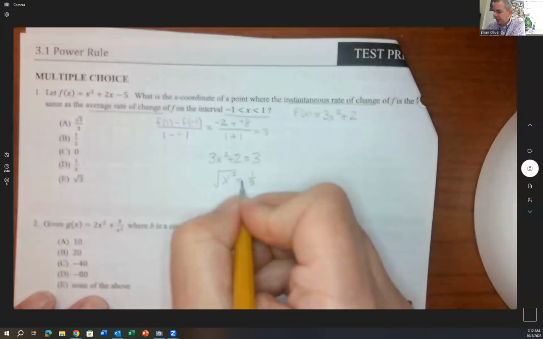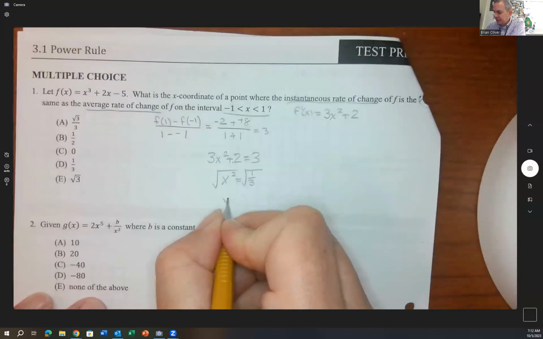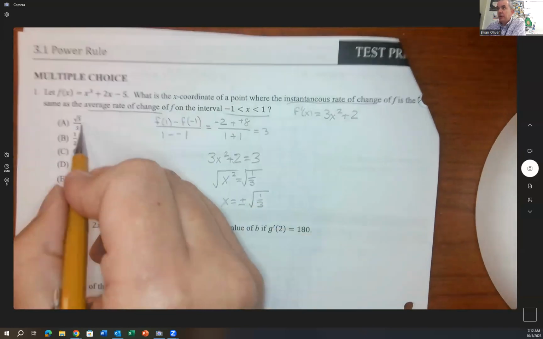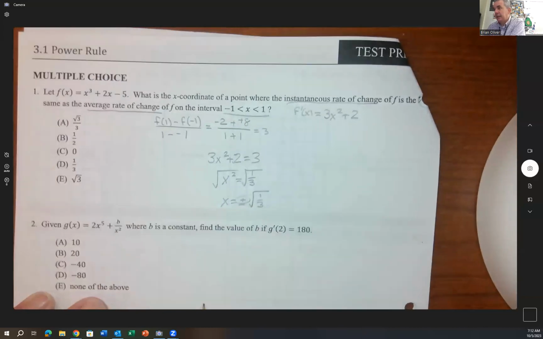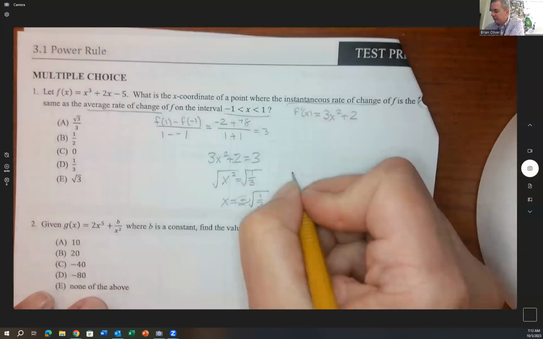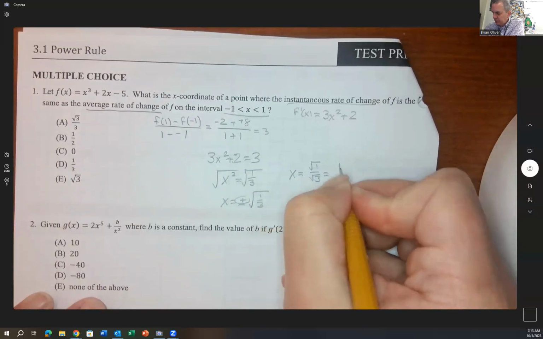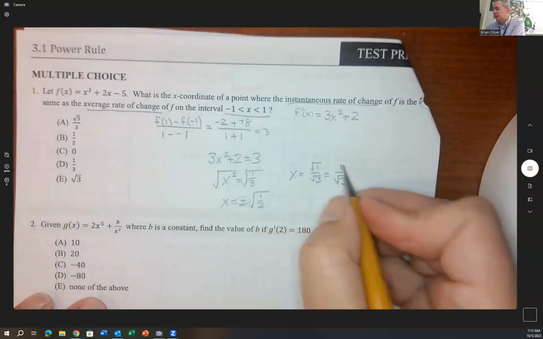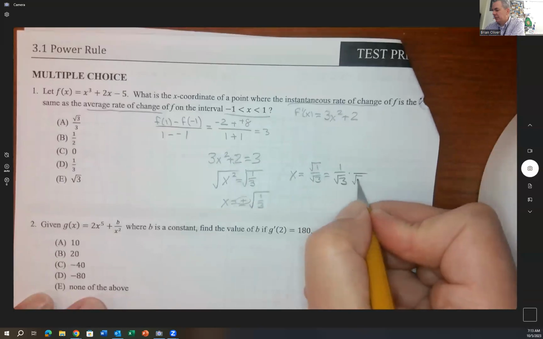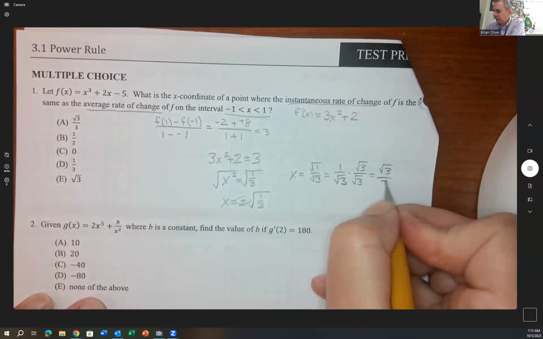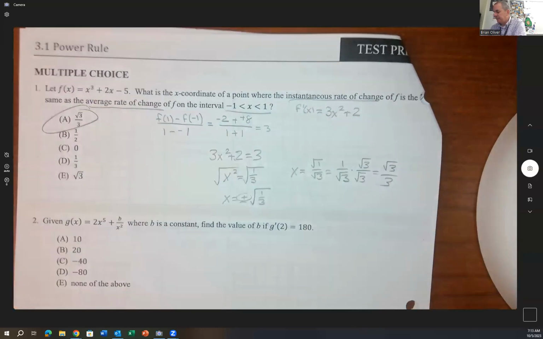Now we're going to square root both sides. So that tells me that x is going to equal the positive or the negative square root of 1/3. Since all these are positive answers, all I really need to care about is the positive side. So that's x equals √1 over √3, which equals 1 over √3. We rationalize the denominator by multiplying by √3 over √3. So that gives us √3 over 3. And that's okay.